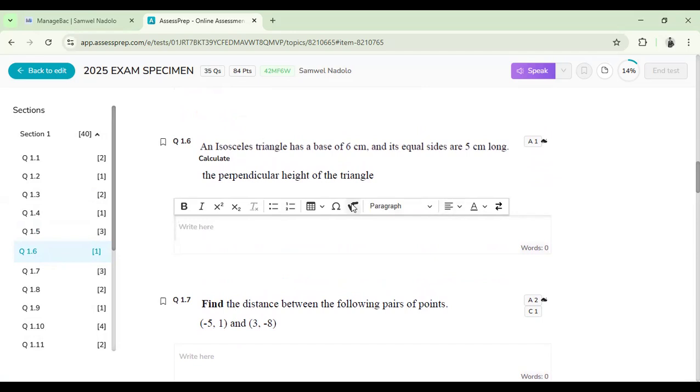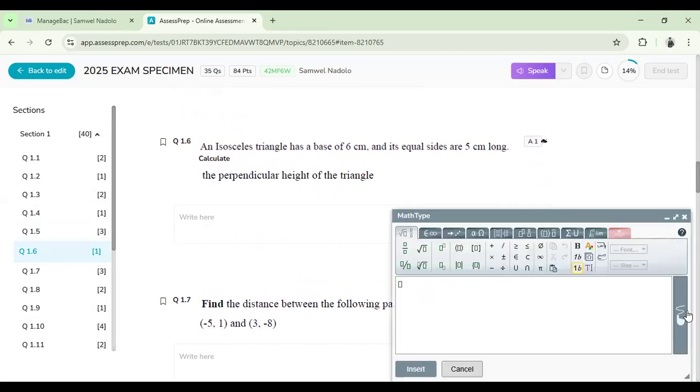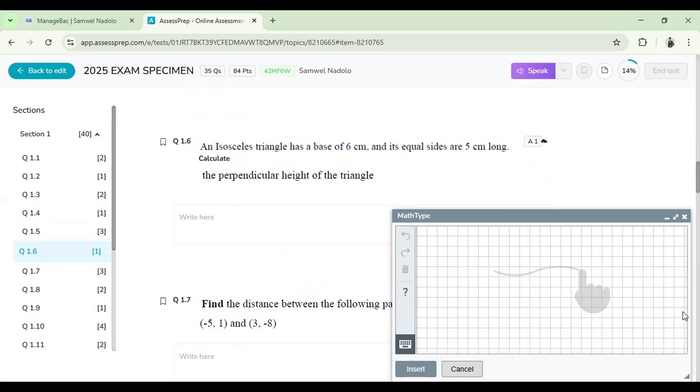You might want to visualize this by coming to drawing mode, and you can draw your isosceles triangle, and then you'll realize that the base is 6 and the other sides are 5 and 5. They are similar, 5 and 5. So they want the height of the triangle, the perpendicular height.